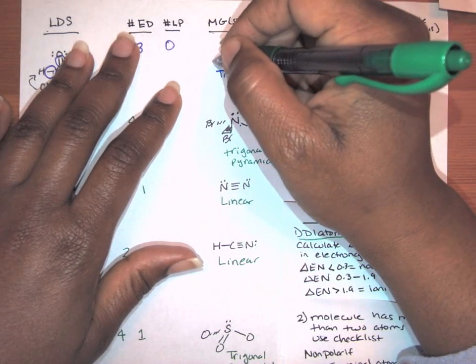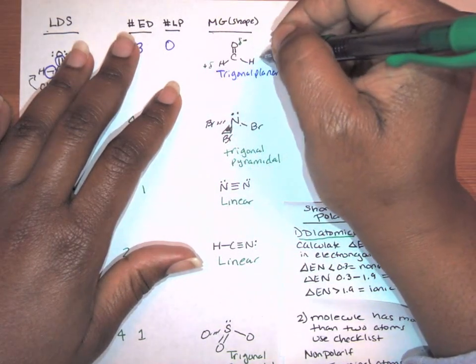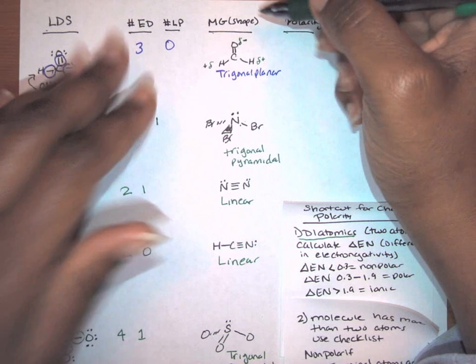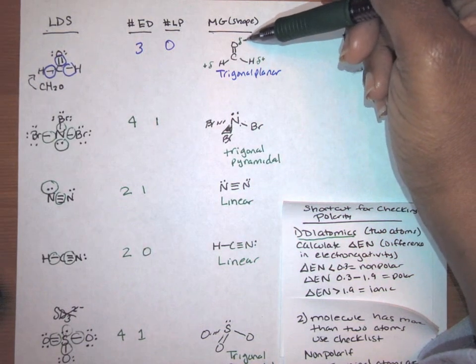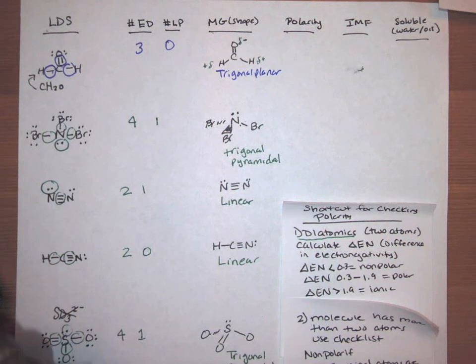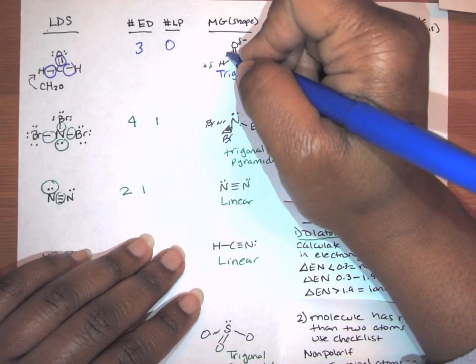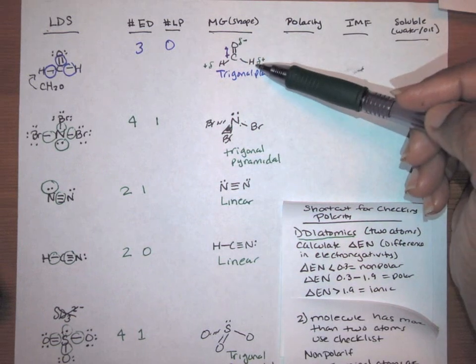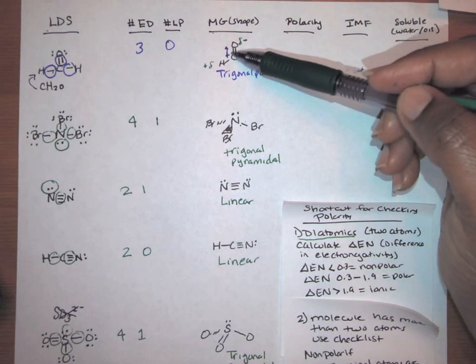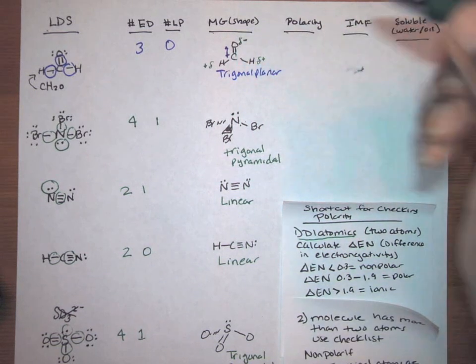I'll just focus on the terminal atoms here to make it less confusing. You can see here that the molecule has a negative end. If I draw the bond dipole here, you can see it points up like this. So this molecule has a negative and a positive end, and it has a bond dipole, so clearly this is polar.